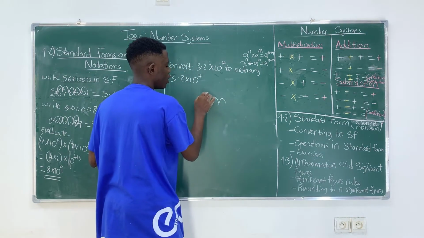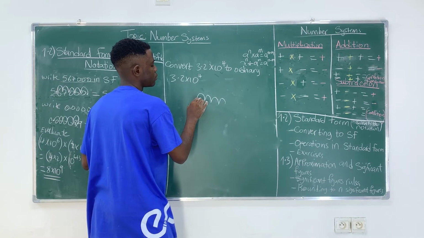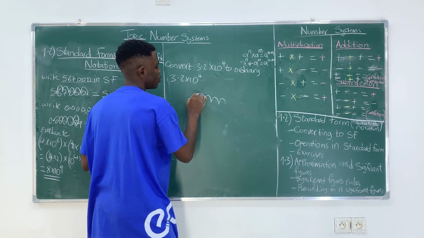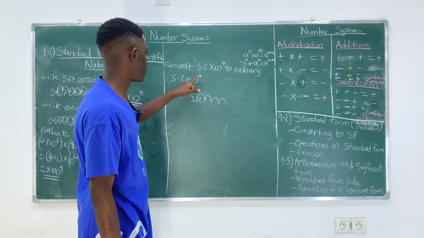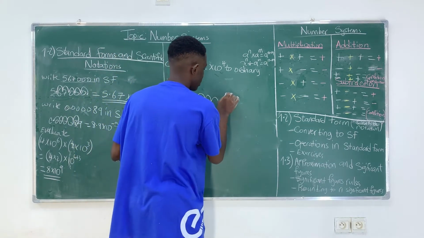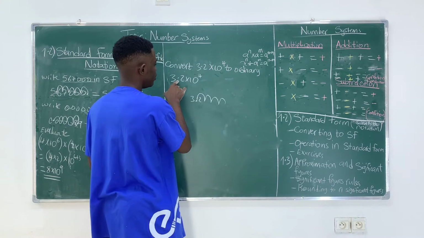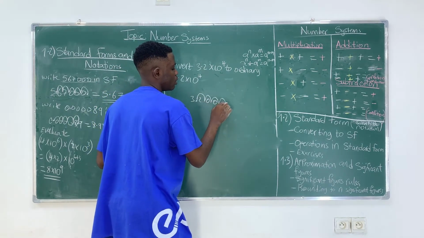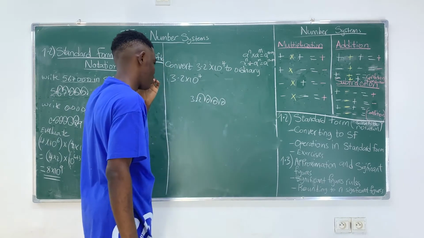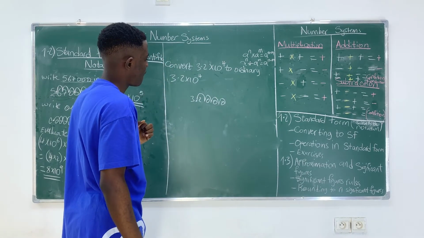It means the decimal place was moved 4 times behind before reaching 3.2. When it is positive, it means it was moved 4 times behind: 1, 2, 3, 4. Then it reached 3.2. So we can just put the zeros here to go back to the former place.